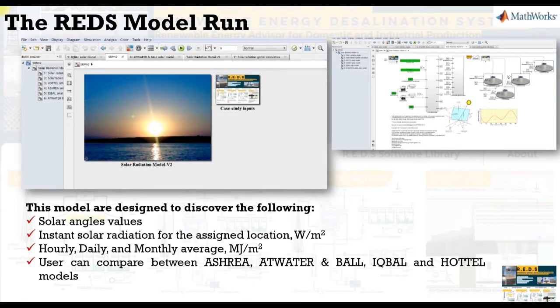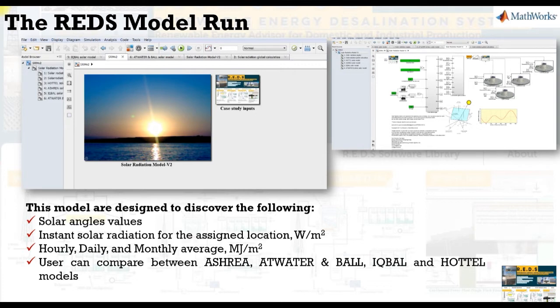How can we run solar radiation models? We have developed in the RETS library a specific model in order to calculate solar angles and instant solar radiation for a specific location per square meter: diffuse, global, and direct normal radiation, hourly, daily, and monthly averages in megajoules per square meter.